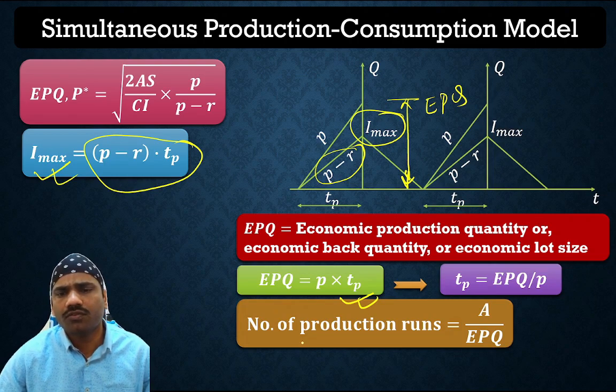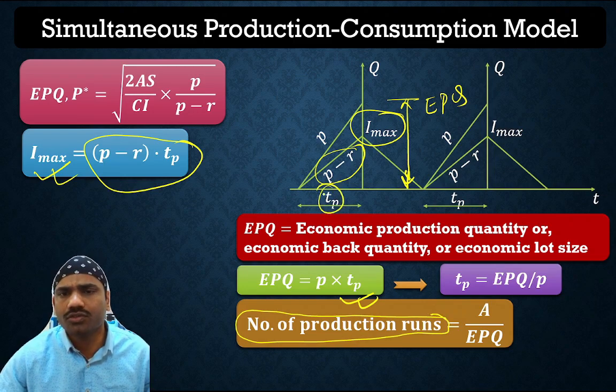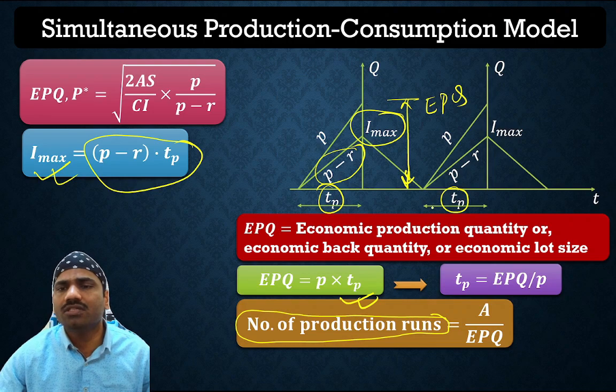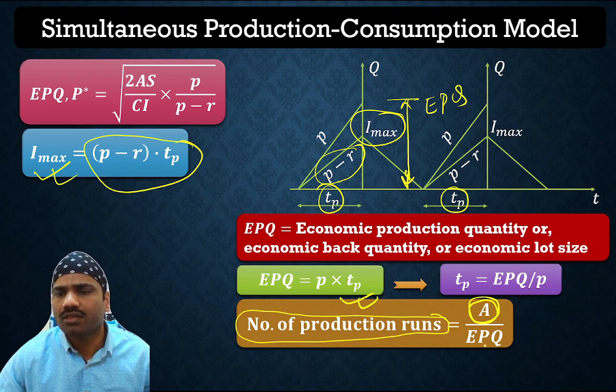We can also find the formula for the number of production runs. How many times are we going to produce? We have produced already 2 times here. So what will this number be, 2, 3, 4, 5, so that we can have complete supply of annual demand A? We can find this by the formula A by EPQ.